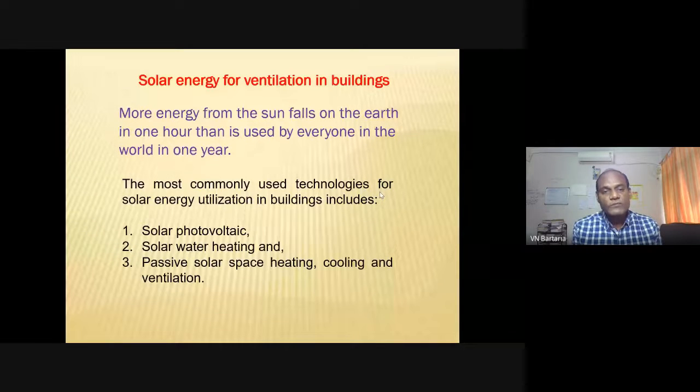Through the passive form, we can use solar energy to heat the air, to get heating, cooling, as well as ventilation. So in this lecture, we would be focusing on this third part of solar application: solar passive space heating, cooling, and ventilation.